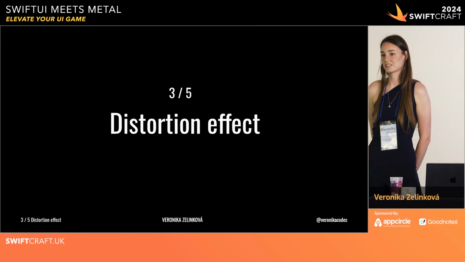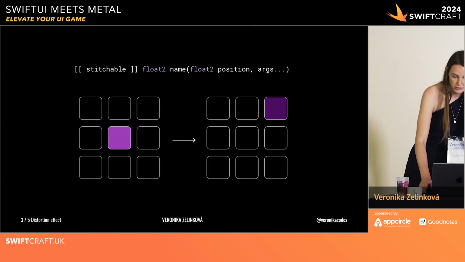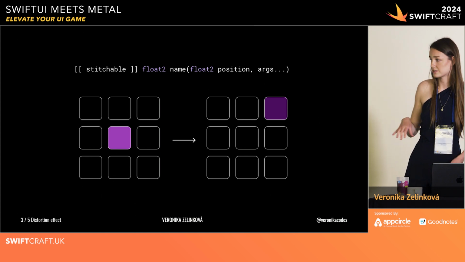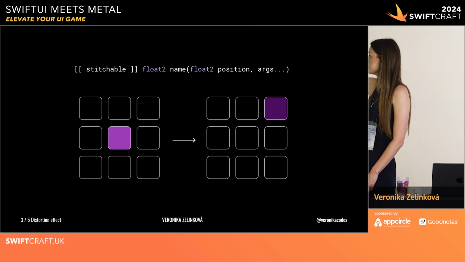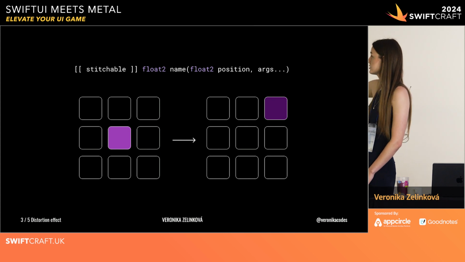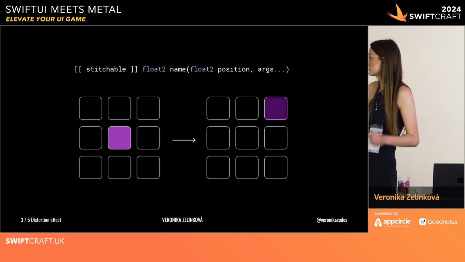So the second one is called the distortion effect. And how it works is a little bit different compared to the color effect, because here, as you can see on the input, you are getting only the position of the current pixel, but not the current color anymore. And you are not returning a color, but you are supposed to return a position.